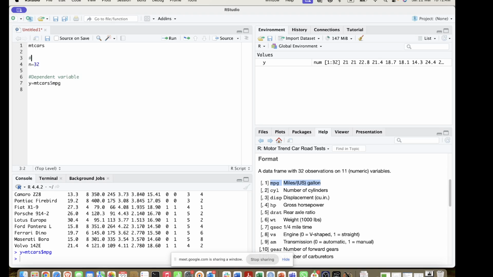Okay, this is n, that is the number of data points, and this is my data set mtcars.